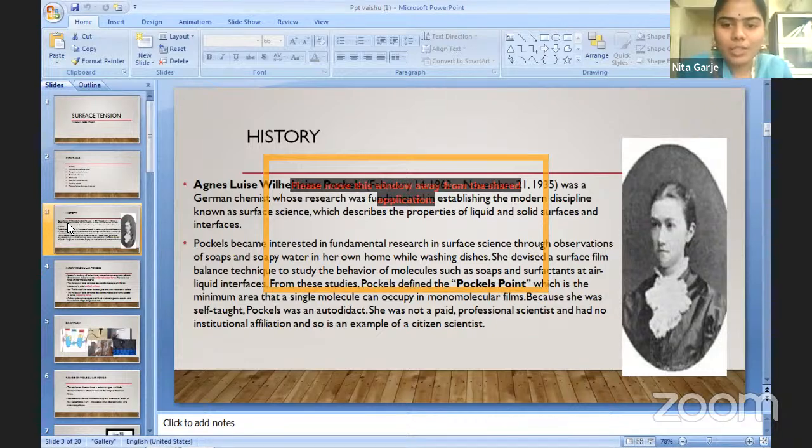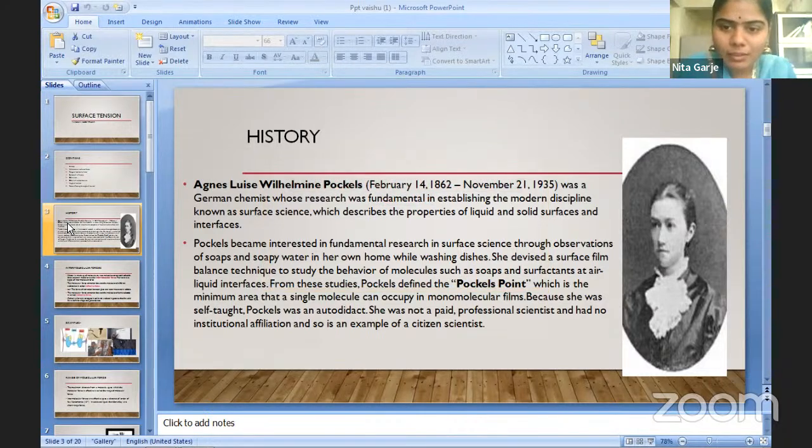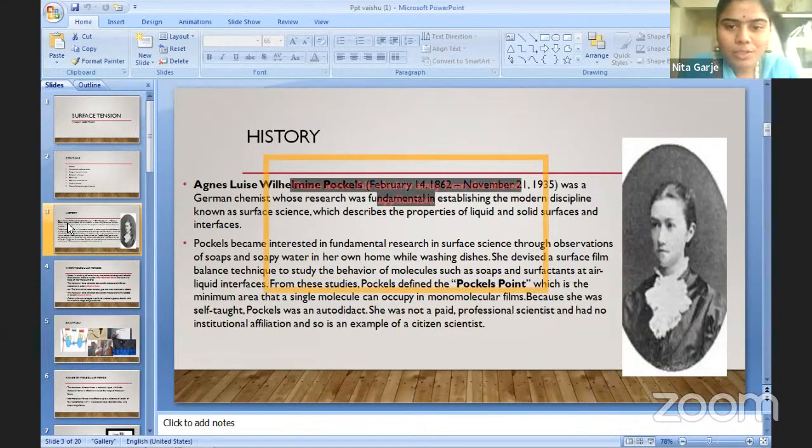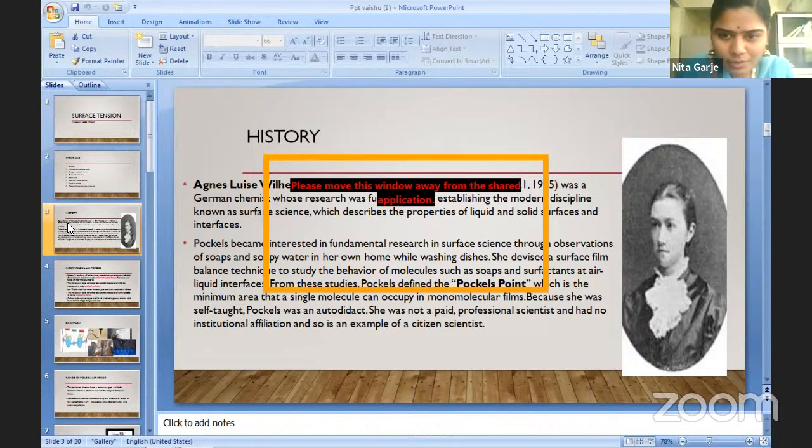While washing the dishes, she devised a surface film balance technique to study the behavior of molecules such as soap, and the surface tension at the air and liquid interface.